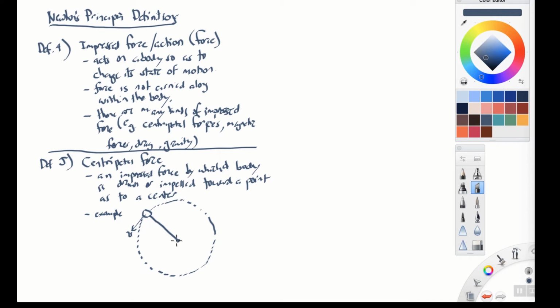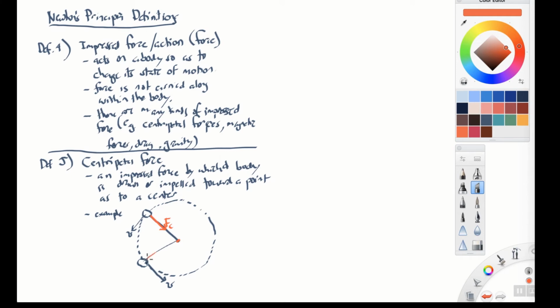A little while later when the rock gets over to here, its velocity is going to be going that way, and so on. So this is 2 snapshots of a rock going around a center. What's happening here is the string is applying a centripetal force that acts inward. This is the centripetal force. The string is pulling the rock inward toward this point, which is the center.